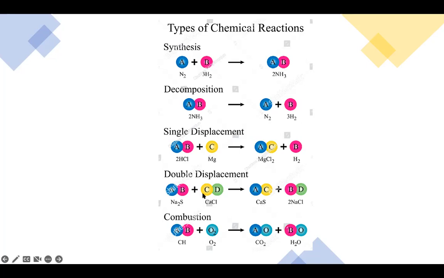Double replacement: you can see sodium sulfide and calcium chloride create CaS and NaCl. That is double replacement. And there is something called combustion. A hydrocarbon reacts with oxygen and creates carbon dioxide and H2O.